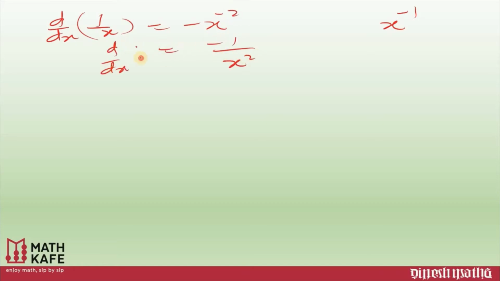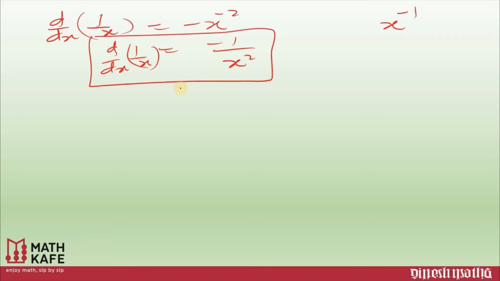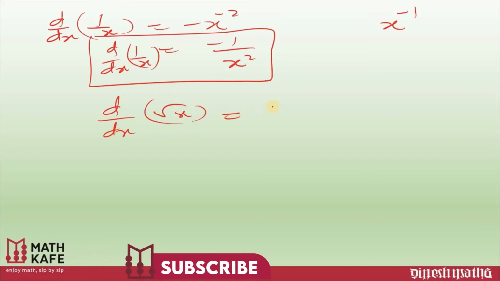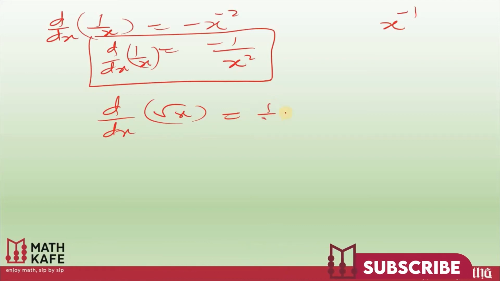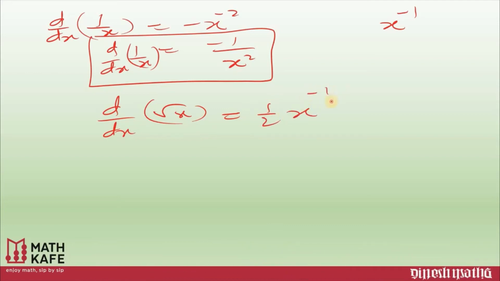You have to memorize that the derivative of 1 by x is equal to negative 1 by x square. Similarly, the derivative of root x, this is x to the power half, so it will be half into x to the power 1 minus half, negative half, or it is 1 by 2 root x. All these specific and special forms you must remember.